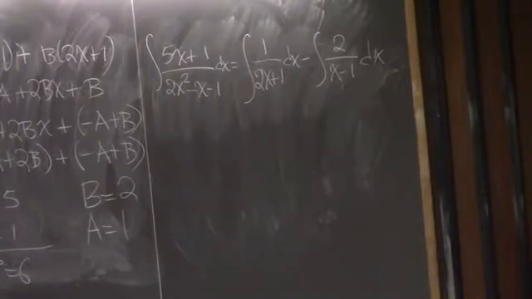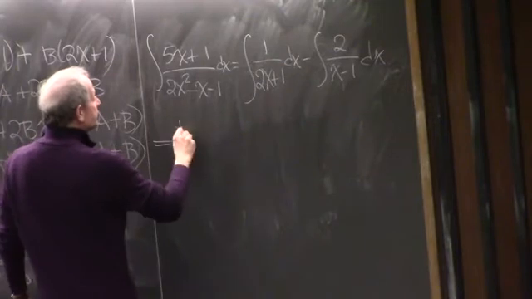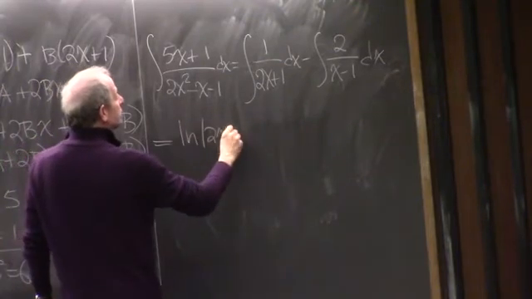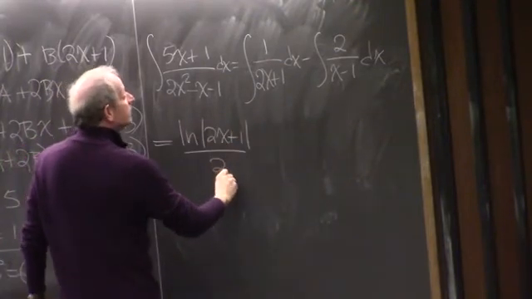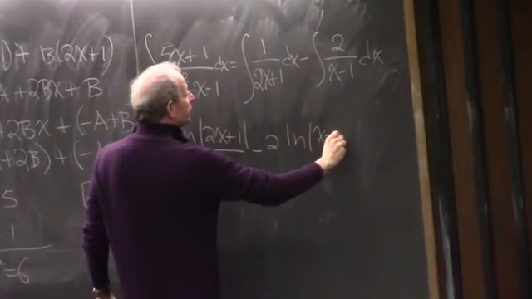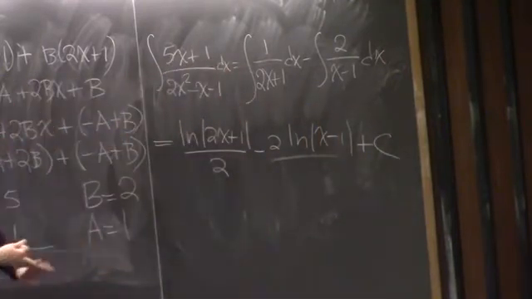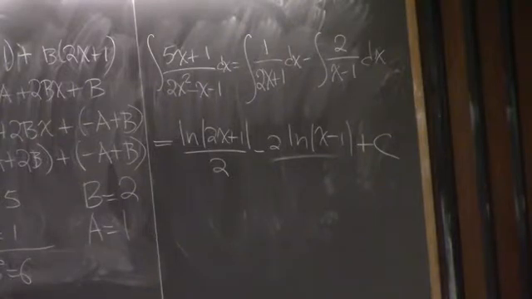Everybody can see that? So the first integral is the natural log of 2x plus 1 all over 2. And the second one is natural log of x minus 1 over 1 plus 6. So here the messy part is doing the partial fraction decomposition. The integration is easy. It's breaking the integral up that's hard.